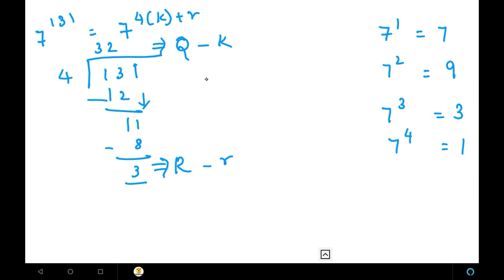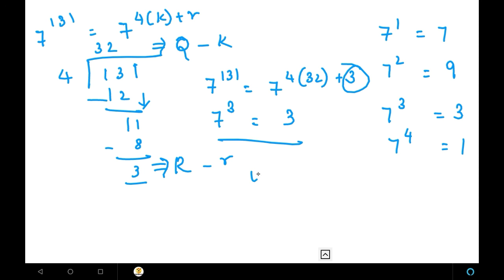We write 131 in the form of 4 into k plus the remainder, so it will be 7 power 4 into 32 plus 3. Then we consider it as 7 power 3, which has units digit 3. So we have got the units place 3. Today we have learned about the unit digit on base 7.